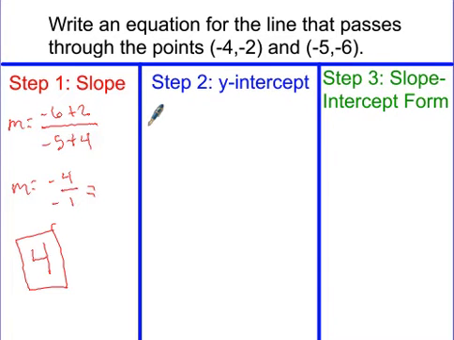Now it doesn't matter which point we use, so negative 2 is y equals 4 times negative 4 plus b. Negative 2 equals negative 16 plus b.